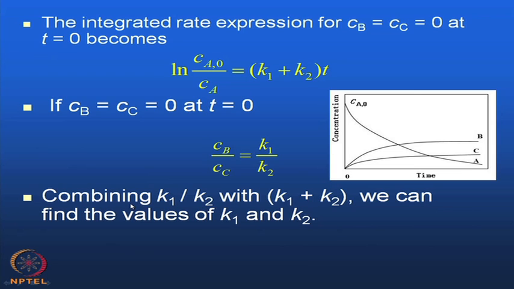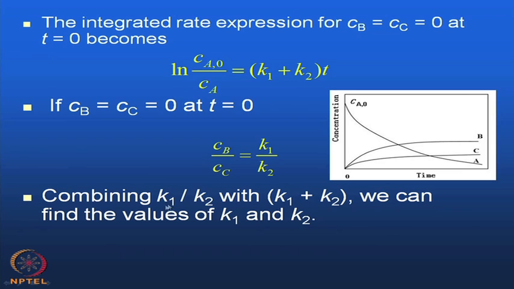So, combining K1 by K2 and K1 plus K2: K1 by K2 is basically the concentration ratio of B to C, maybe you can think in that way. K1 plus K2 you will get from the plot of ln 1 by Ca versus t, a straight line, and from the slope you will get K1 plus K2.